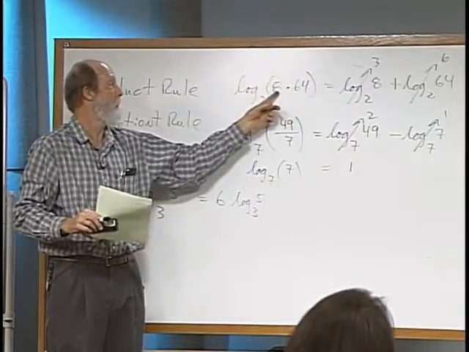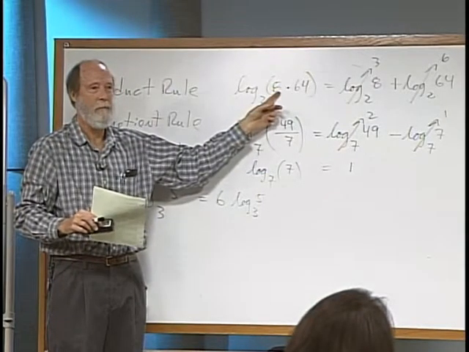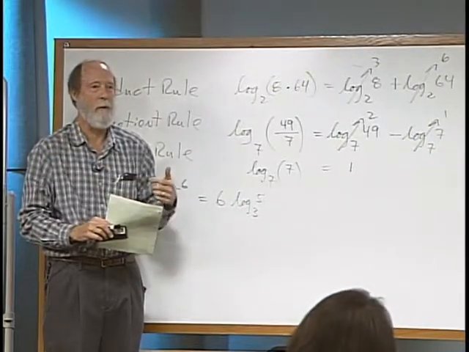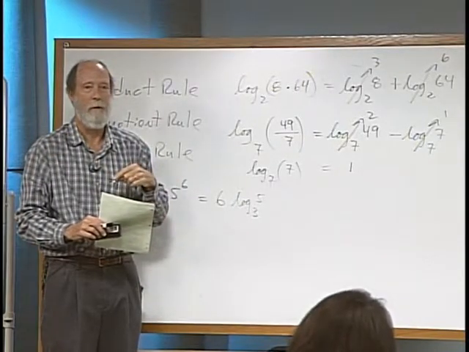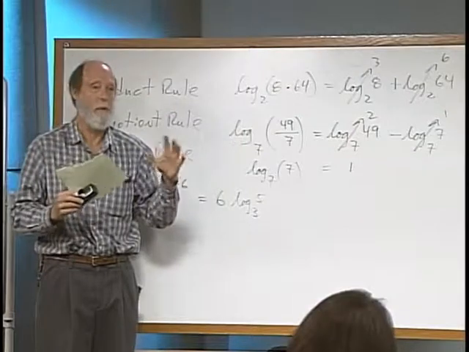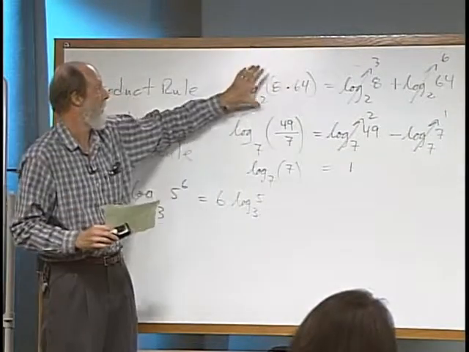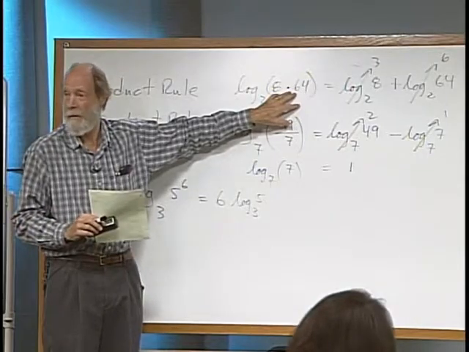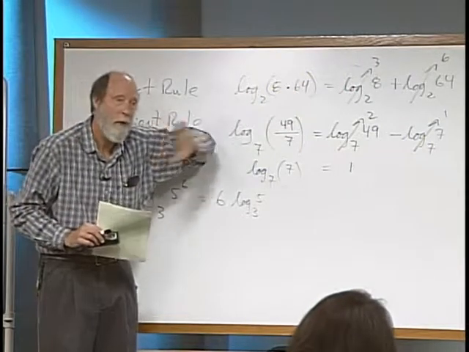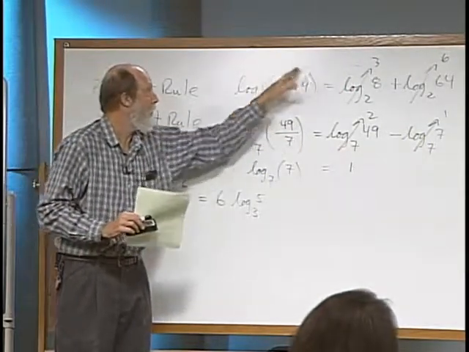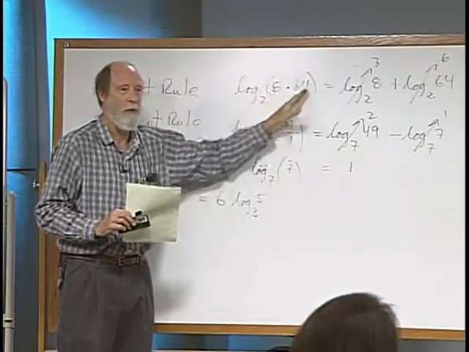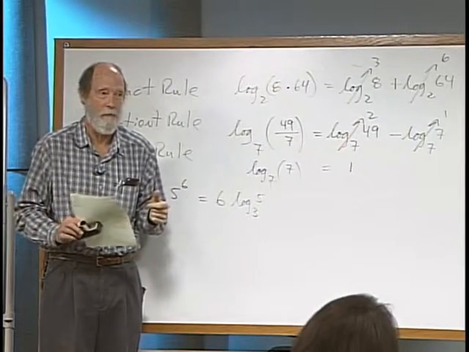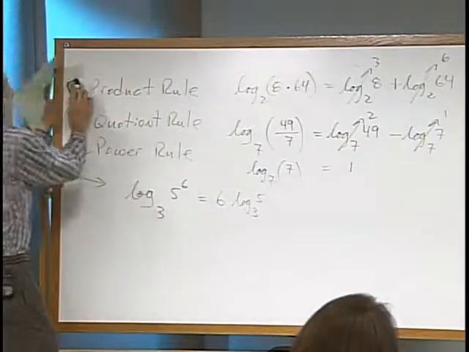Can the input be negative? Look at the graphs of the logarithms that we've drawn on the other boards here. Can the input be negative? Only if the graph shifted. But in the fundamental form of a logarithm, can you take the logarithm of a negative value? No, you cannot. The domain is restricted, which means this stuff in here is restricted to positive values. Otherwise, it doesn't make any sense. Okay, good. So we have these 3 rules.